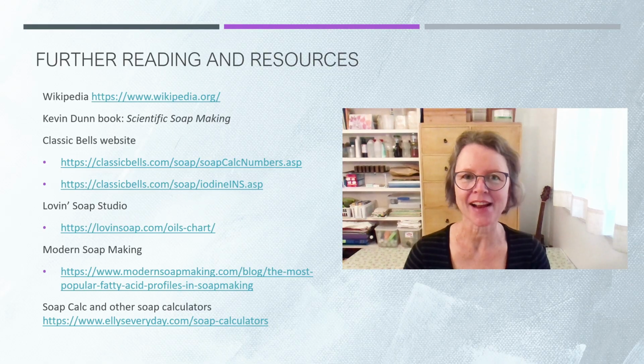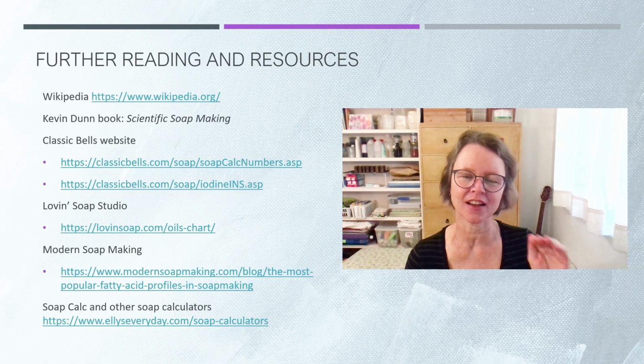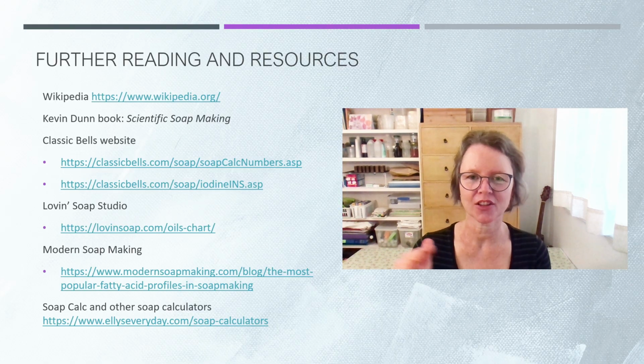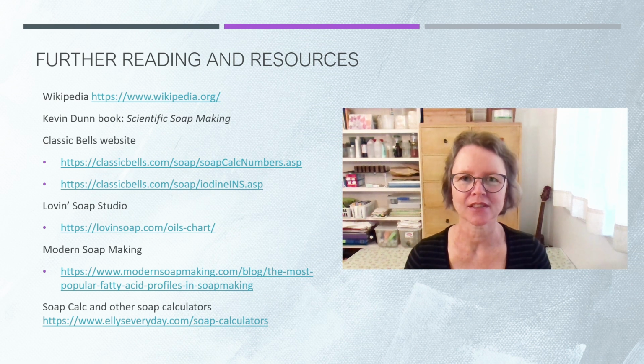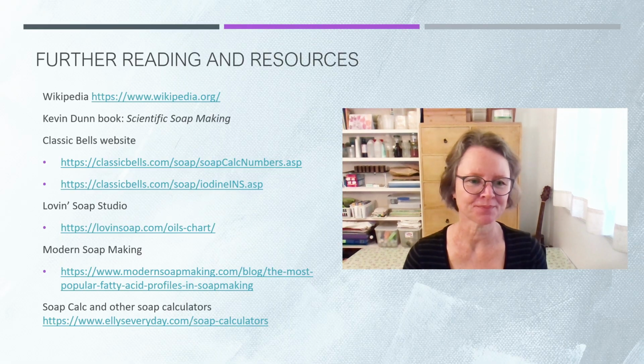It's got an interactive oils chart, so you can filter their chart by fatty acid profile, so you can pick oils. You can play around with all the different oils and filter out and order things by their fatty acid qualities. It's really fun to play around with. I've shared that link with a lot of people over the years.